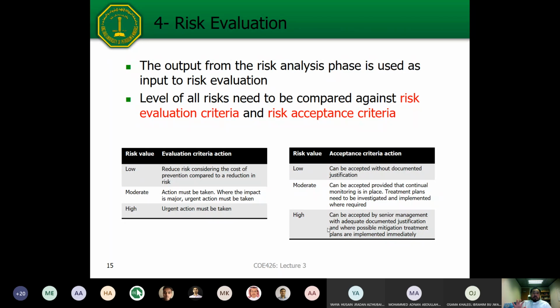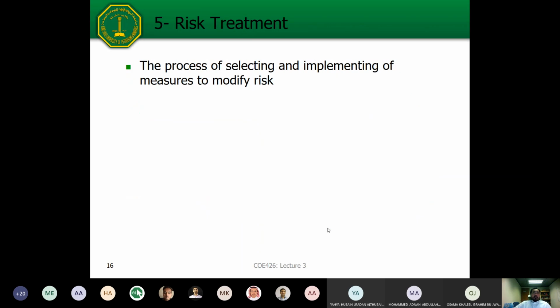And some companies say no, let's go with what is called risk avoidance or risk aversion. Let's wait until we are sure that we have at least minimized the level of risk before we release this piece of software. So it depends on the acceptance criteria and the strategy that the organization is following.